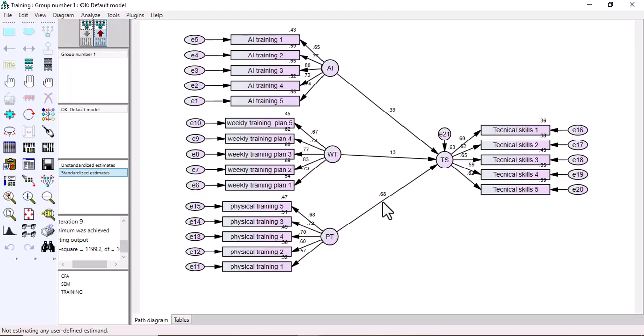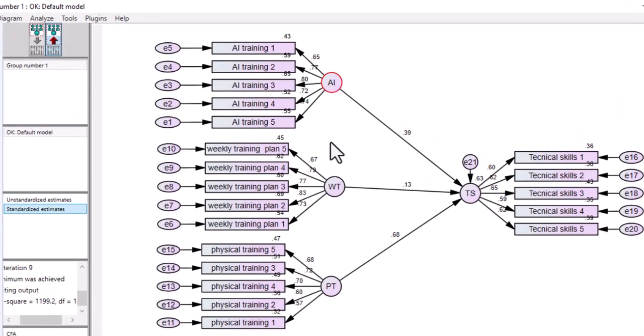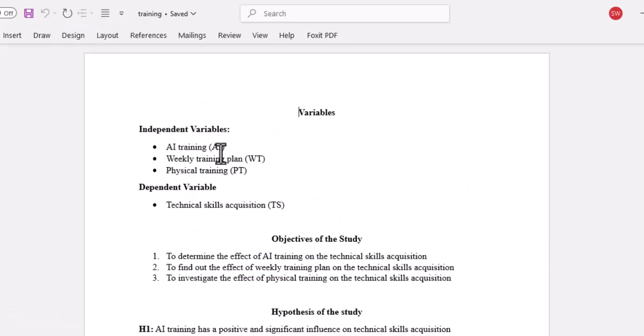You can see that we have three independent variables. The first one is AI, the second one is WT, and the third one is PT. We are trying to look at the effect on the TS. AI is AI training, WT is weekly training plan, PT is physical training.